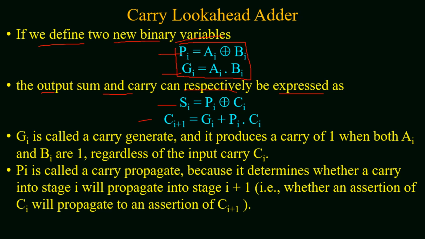Now the carry generate, or GI, produces a carry of 1 when both AI and BI are 1, regardless of the value of input carry. The carry propagate, or PI, determines whether a carry into stage I will propagate into stage I plus 1, which means that an assertion of carry CI will propagate to an assertion of CI plus 1.